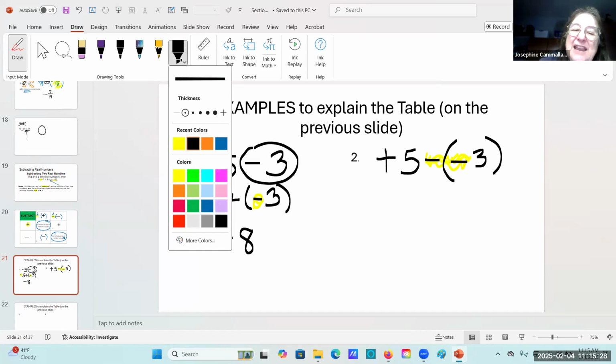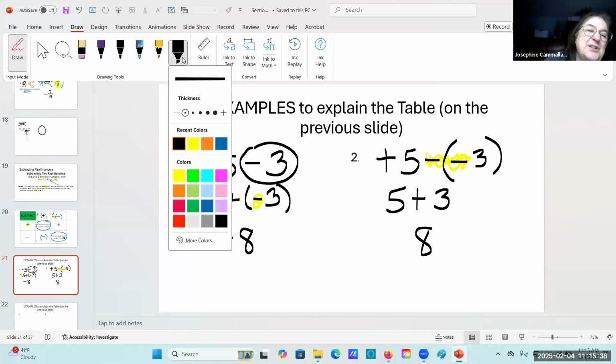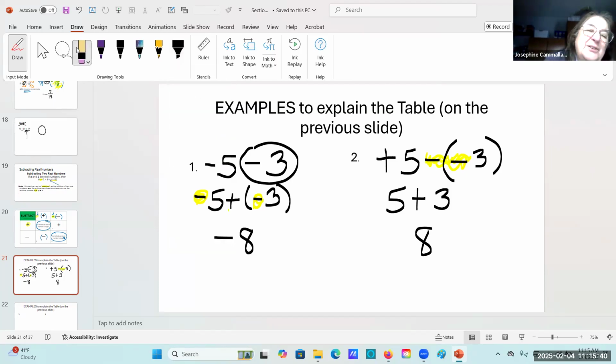This becomes a 5 plus 3, or 8. Or here, I should probably make this a little clearer. There you go.